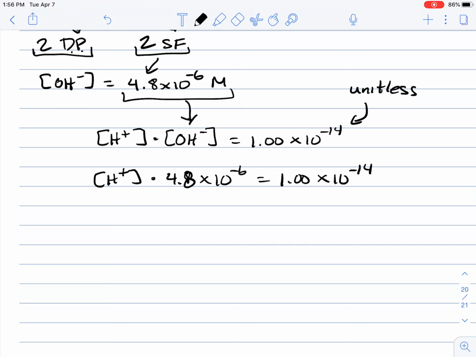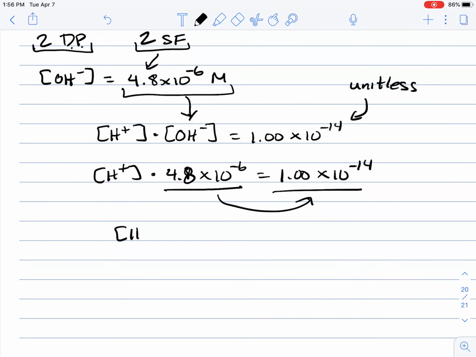All you are going to do is divide by 4.8 times 10 to the negative 6 on the other side. And so the concentration of H plus is equal to 1.00 times 10 to the negative 14 divided by 4.8 times 10 to the negative 6.